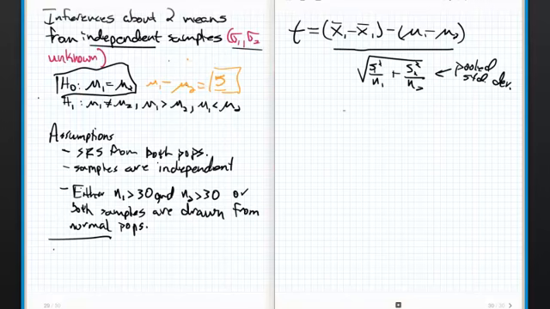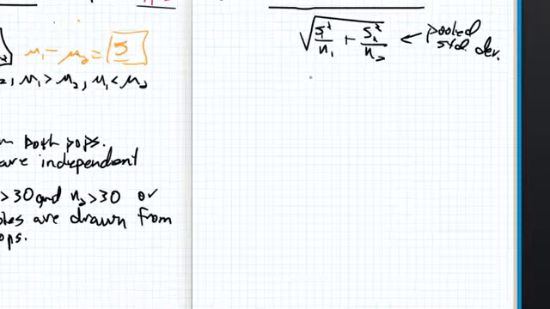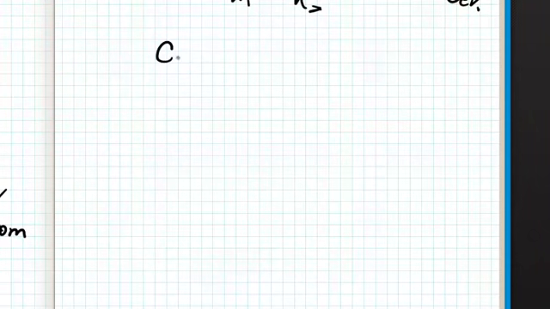Again, it's kind of beyond the scope of the mathematics for this course. I just want you to see how this thing works. If we're going to do a confidence interval, you can probably tell where this is going to go.